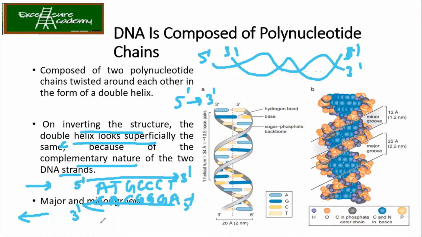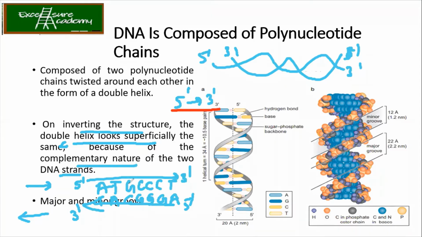Ma'am, you want to know whether, if you read from 5 prime to 3 prime or 3 prime to 5 prime, the sequences will be the same. No, my question is, the sequence reading has to be in the 5 prime to 3 prime direction. Now, suppose this is the DNA, let us consider this sequence ATGCCT.